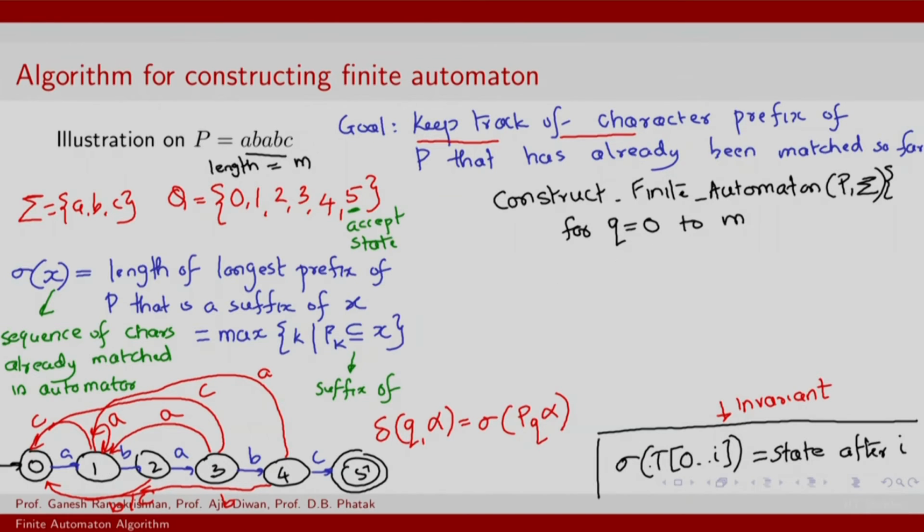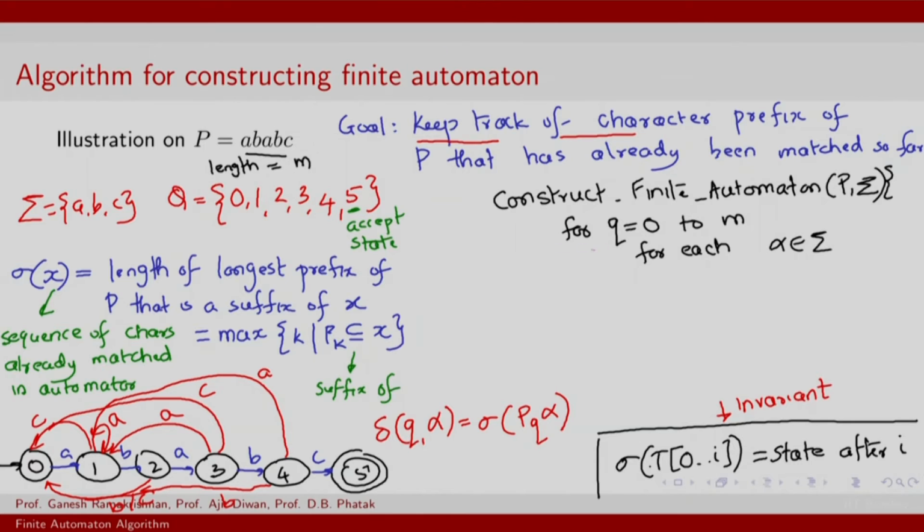What we did in our informal yet illustrative process here was we iterated over each character alpha in sigma. The next thing we did was keeping track of suffixes of x and trying to find the longest prefix of p. So this will mean that I will keep scanning backwards from wherever I am, and what it means to be wherever I am is basically PQ with the next character.